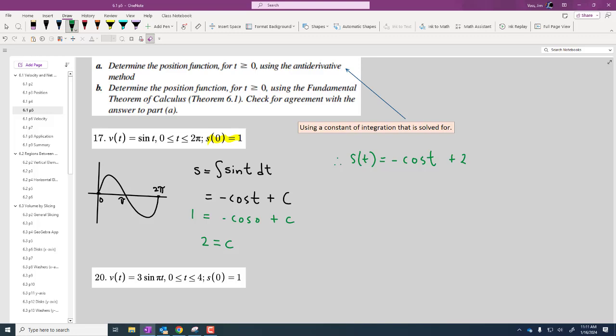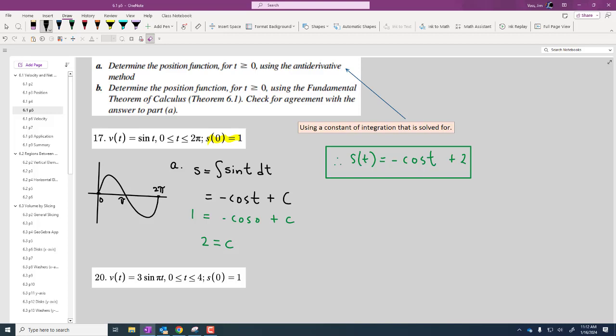So that is the antiderivative method. Should look familiar. Any questions on any of those steps? So this is using the antiderivative method, so that is A. Now the fundamental theorem of calculus method, question?